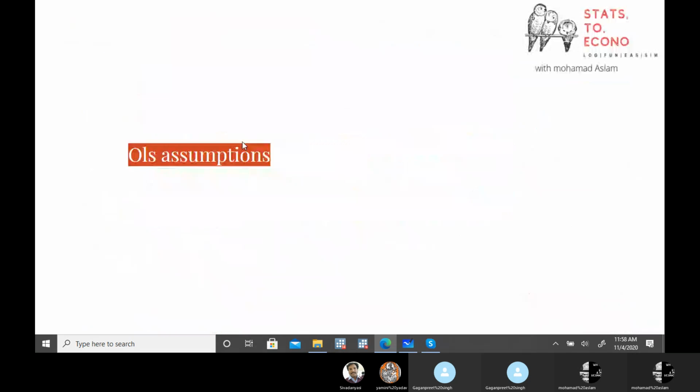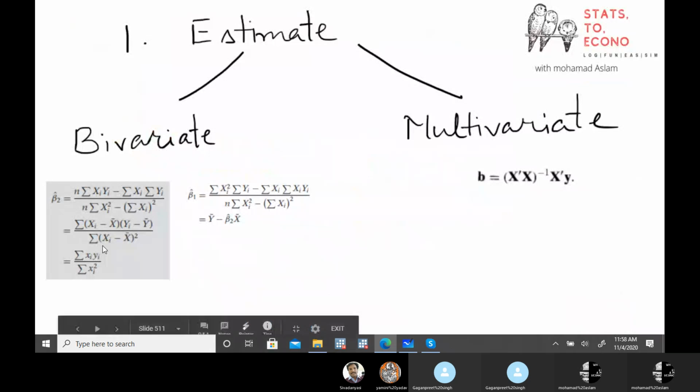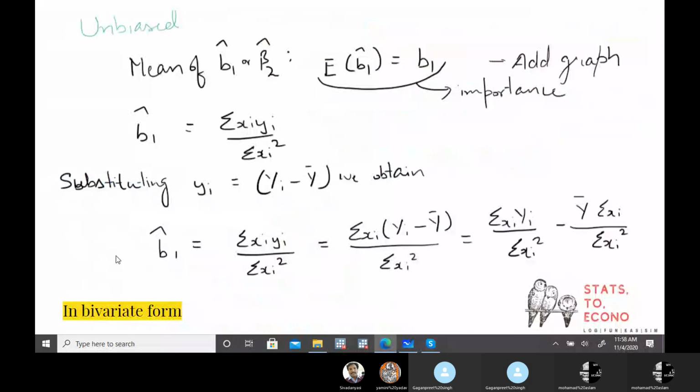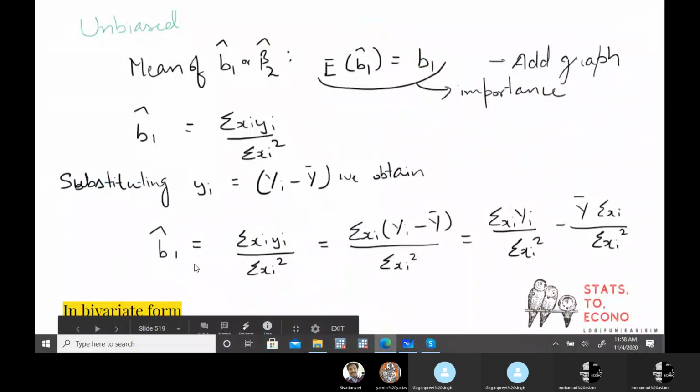I also gave you a proof that these values are equivalent, and we can write it in deviation form in small xi and yi. So this is the value of beta 1 hat, or slope coefficient beta 2 hat.